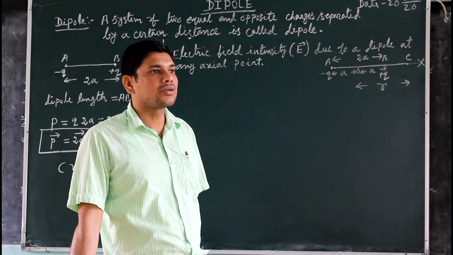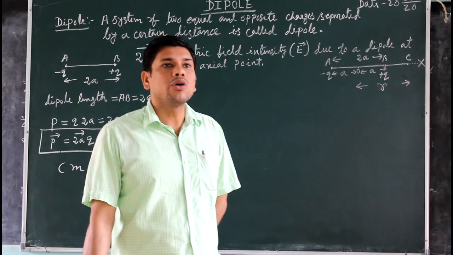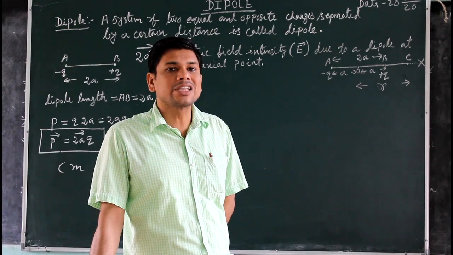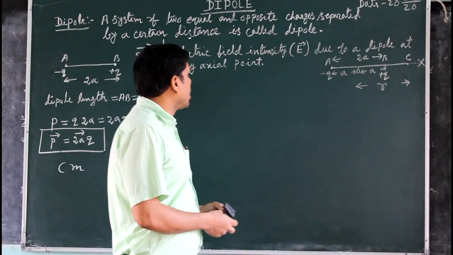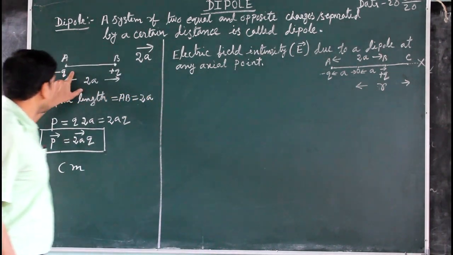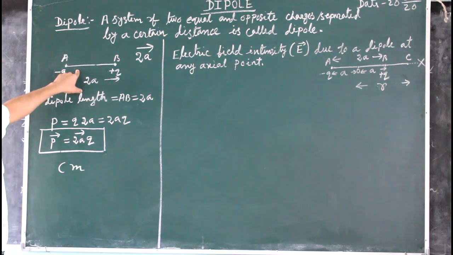Today I am discussing only how to find the electric field intensity due to a dipole at the axial point. First, you have to know what the axial point is. The line joining these two points is called the axis of the dipole.